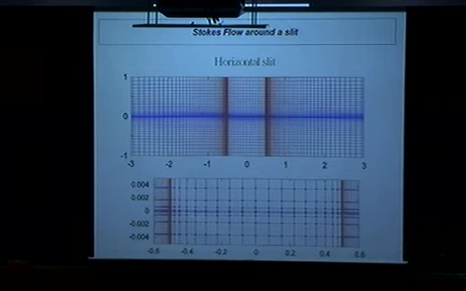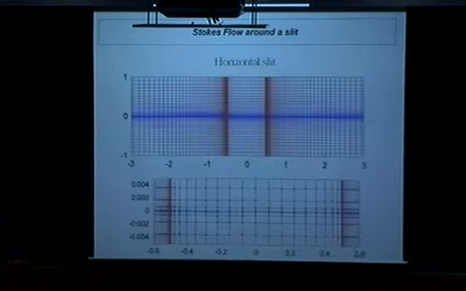Then if you zoom in on this region, it can be shown like that. There's some adaptation here. So this shows our method is very free with respect to the point distributions.